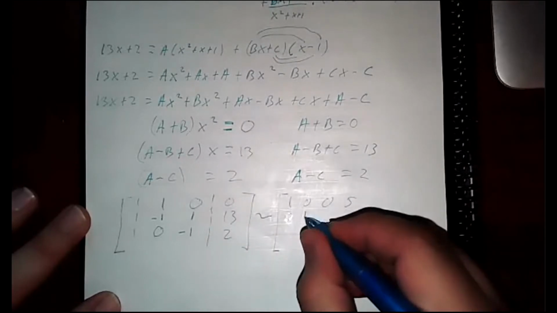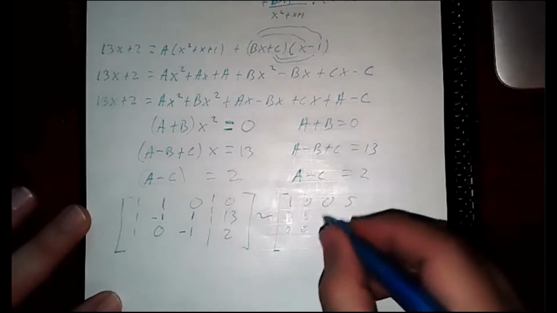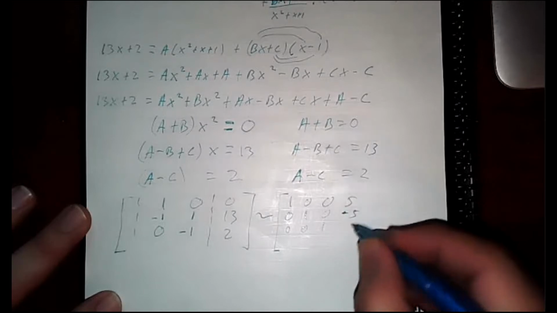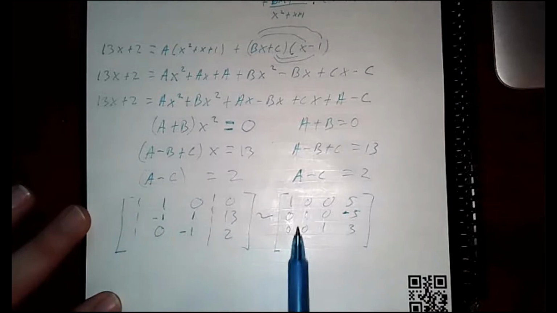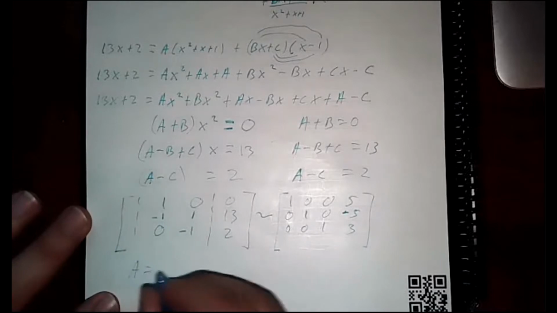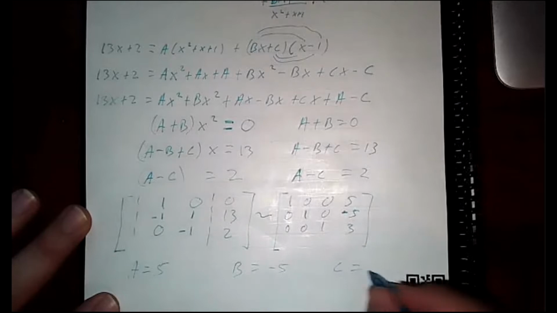So ones along the main diagonal is row reduced echelon form. That's it. To see how there's no more numbers everywhere, it's just ones in the middle and your constants. So this implies that A is 5, B is -5, and C is 3.